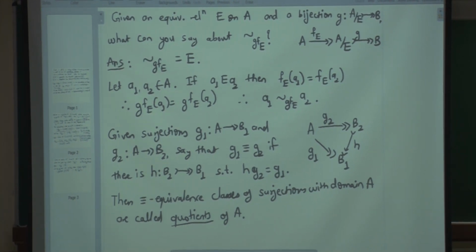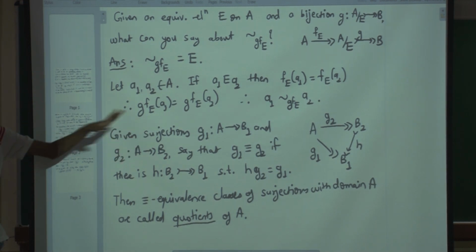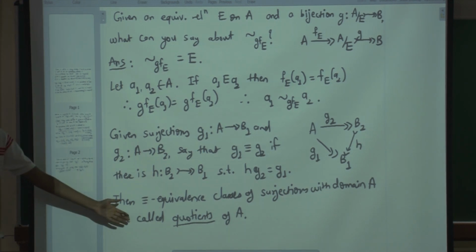One quotient is not just one map, but it is such an equivalence class of maps. Because everything is just changing up to bijection. Bijection is renaming, and renaming doesn't really affect the structure of the function. That's why we are saying this is a quotient.